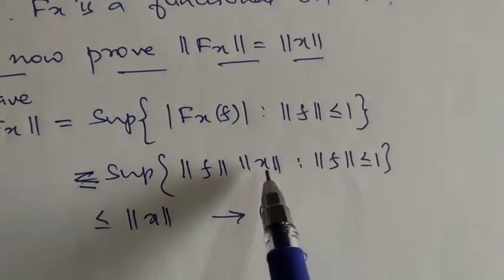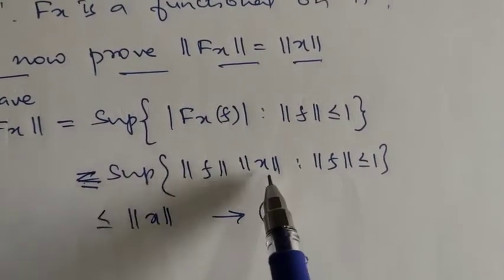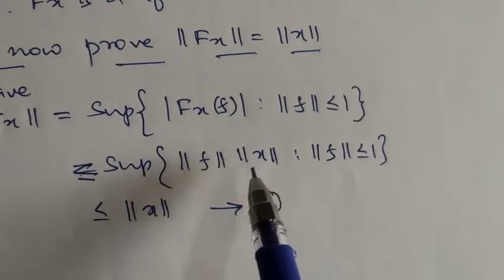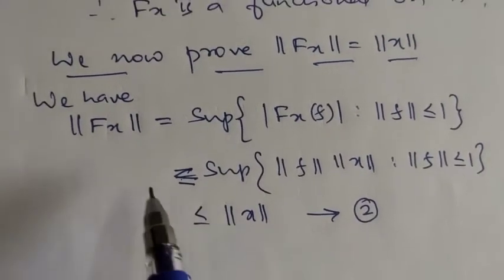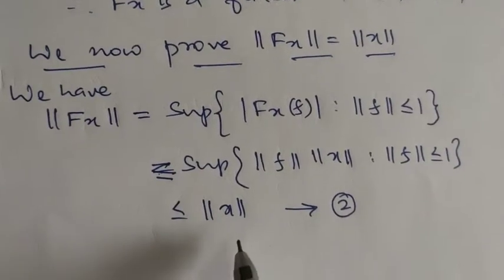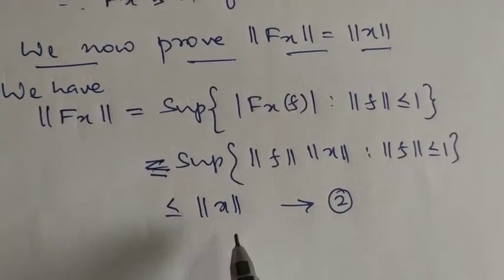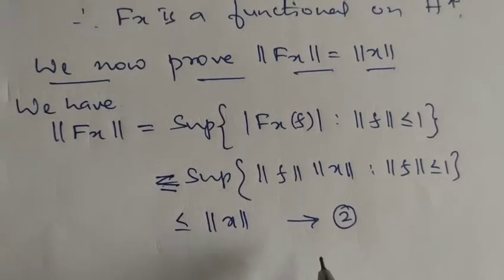When norm of f is 1, this becomes norm of x itself. So norm of fx is less than or equal to norm of x. Let us call this number 2.